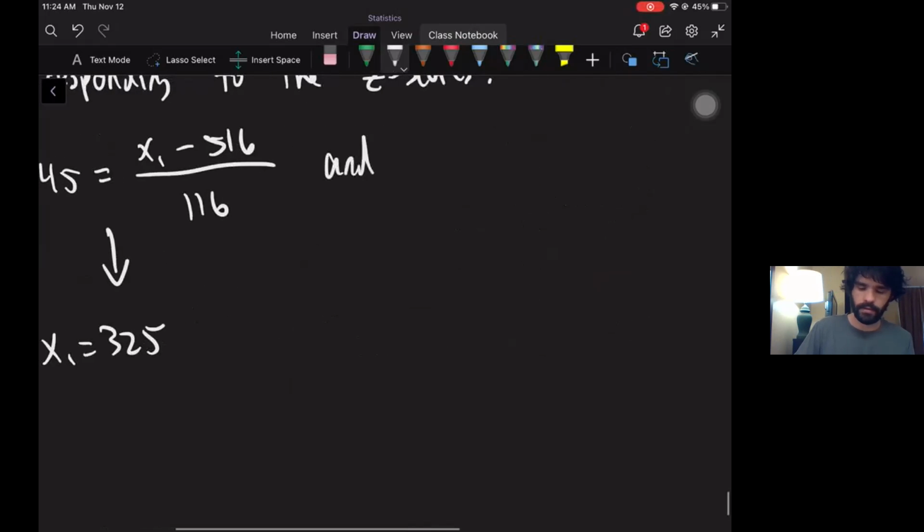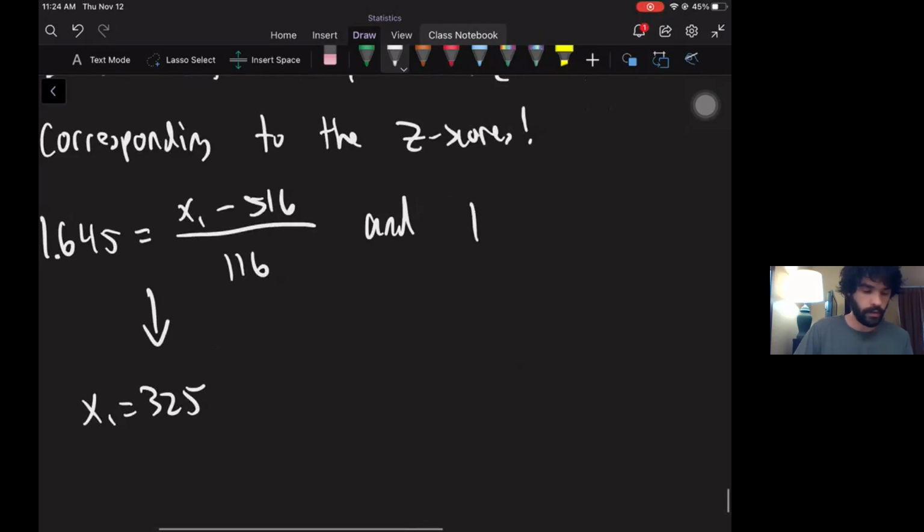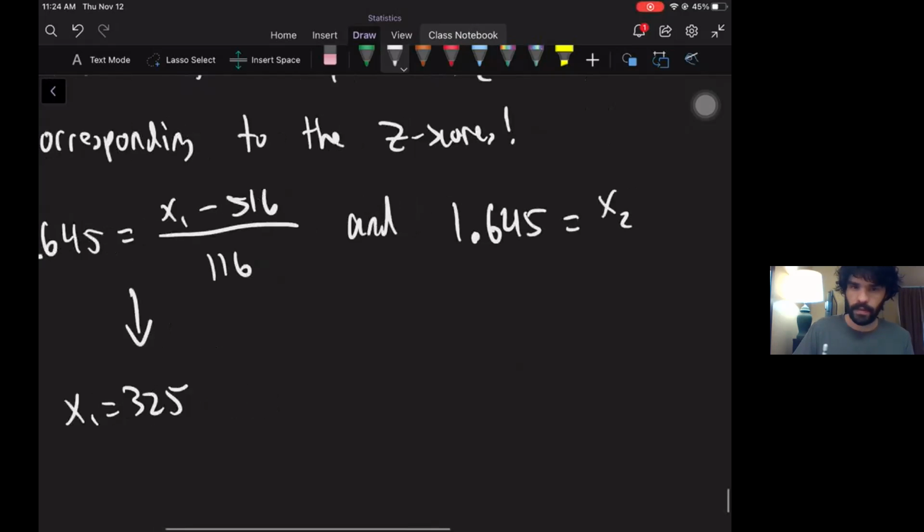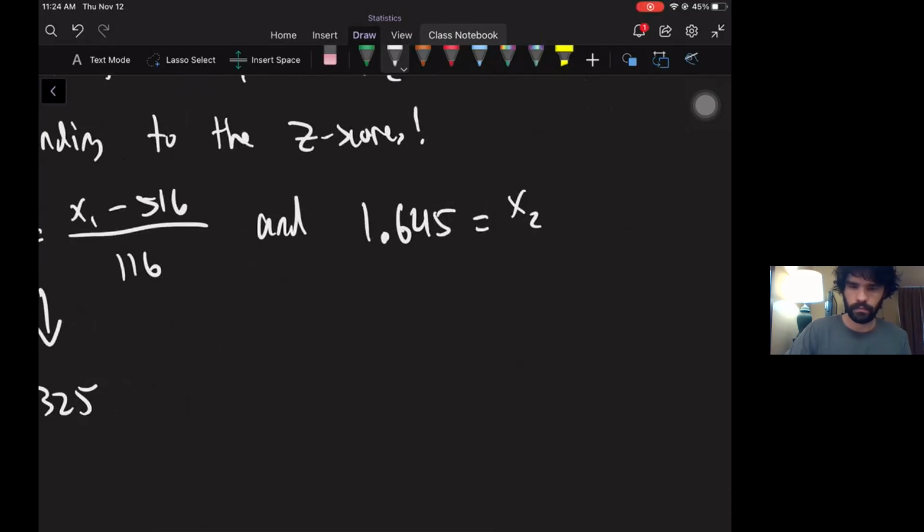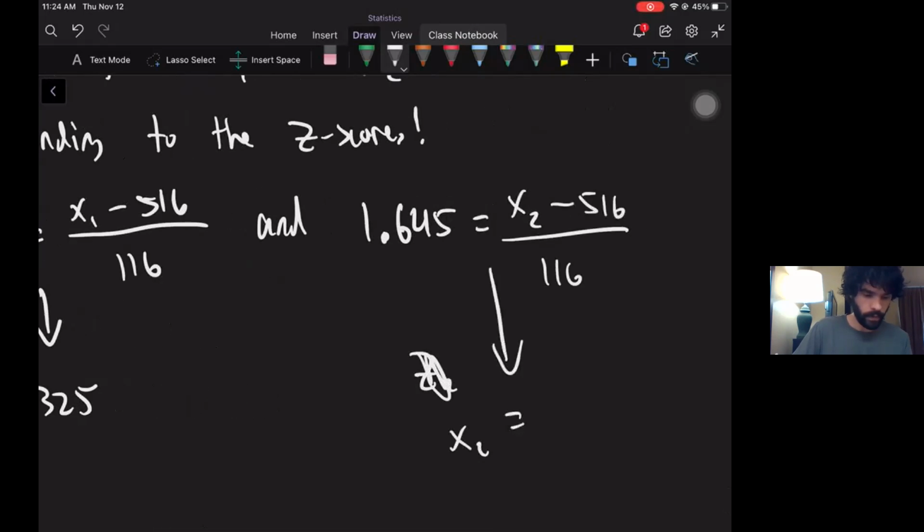And then if I want to get x2, the other score corresponding to this z-score, z2, 1.645, exact same thing. So now I do the same exact thing, and if I solve this, I'll end up with 707.